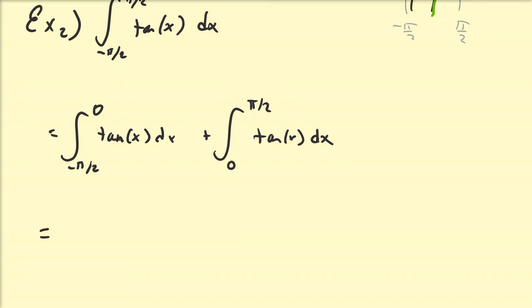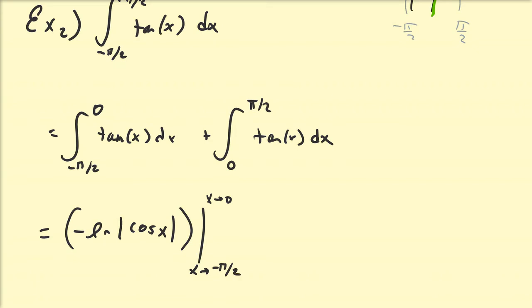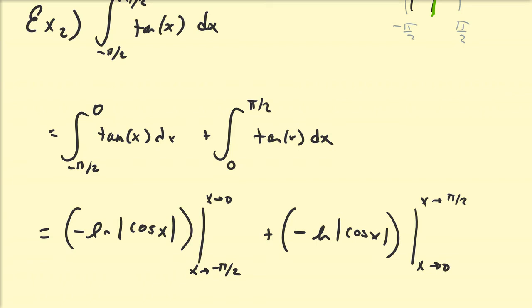That is going to be equal to the negative natural log of the absolute value of cosine of x, evaluated from x equals -pi over 2 to 0, plus the negative natural log of cosine of x, evaluated from 0 to pi over 2.